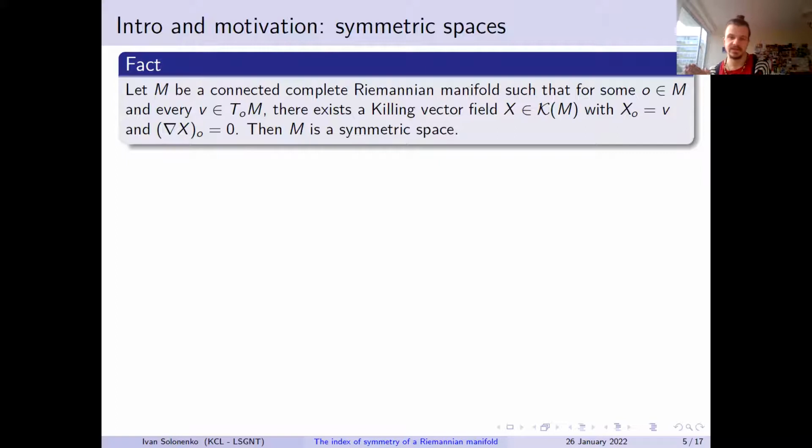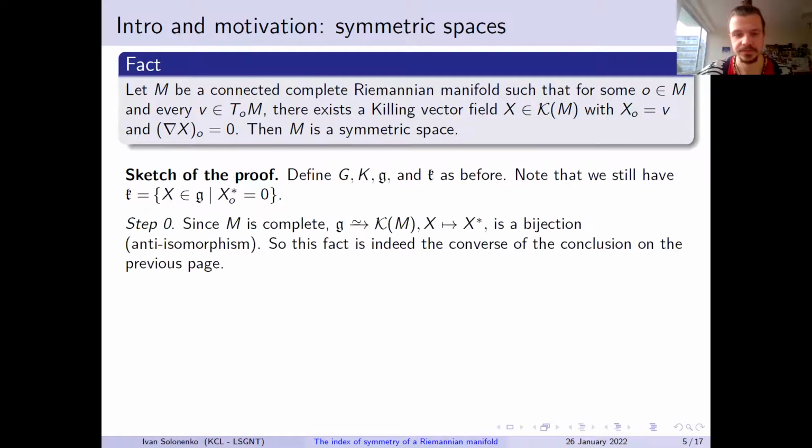Because Killing vector fields and elements in the isometry algebra are the same, these are indeed two converse assertions. So we can think of this as a Killing vector field, or as a vector in the isometry algebra that has a corresponding Killing vector field.